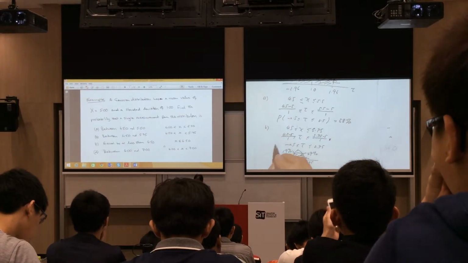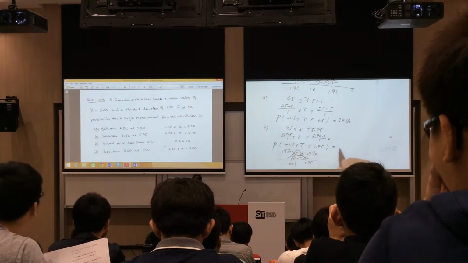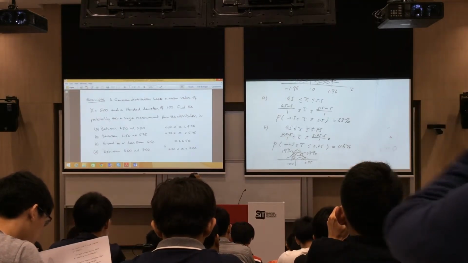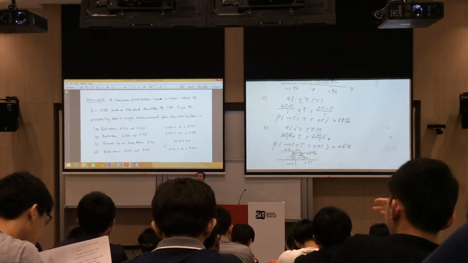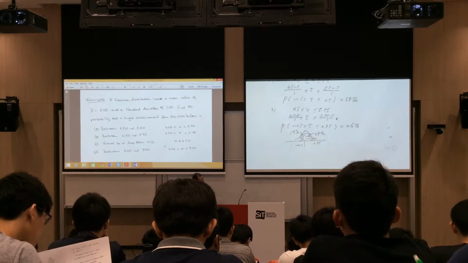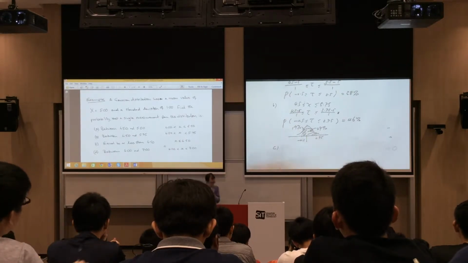That means the total probability will be the summation of these two, so it's 46%. For the Gaussian distribution, you need to be able to do this.